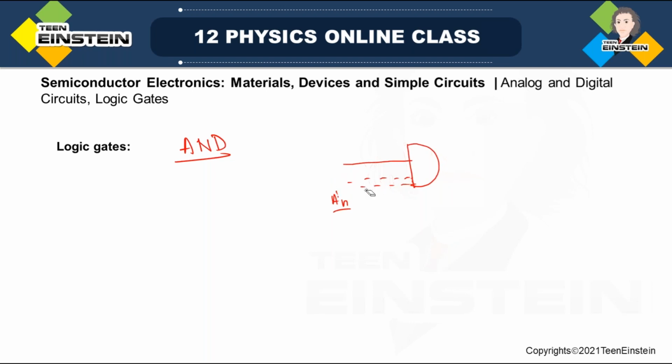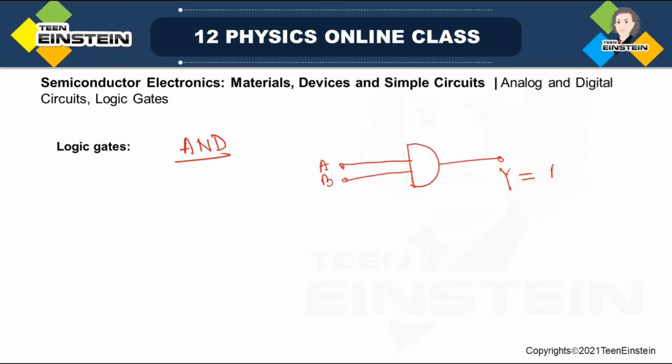Let me just clean this and write. For the time being, I'll just take two inputs to show you how a truth table or Boolean expression can be written in case of AND gate. So these are two inputs, suppose A and B, and here this is output Y. For this case, what will be the Boolean expression? I'll write the Boolean expression.